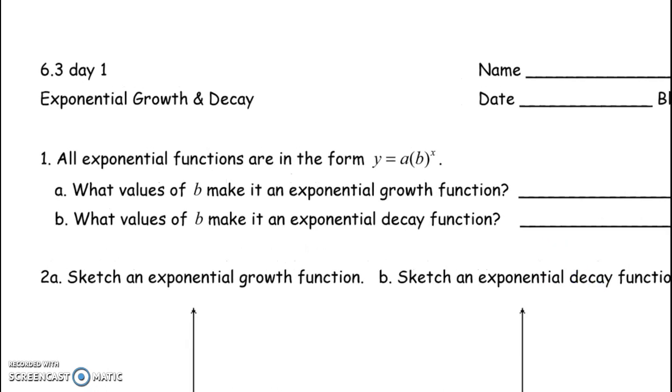All exponential functions are written in the form y equals a times b to the x. A represents the initial value. So in the paper folding example, that was what? 0.001, which represented the thickness of the paper.